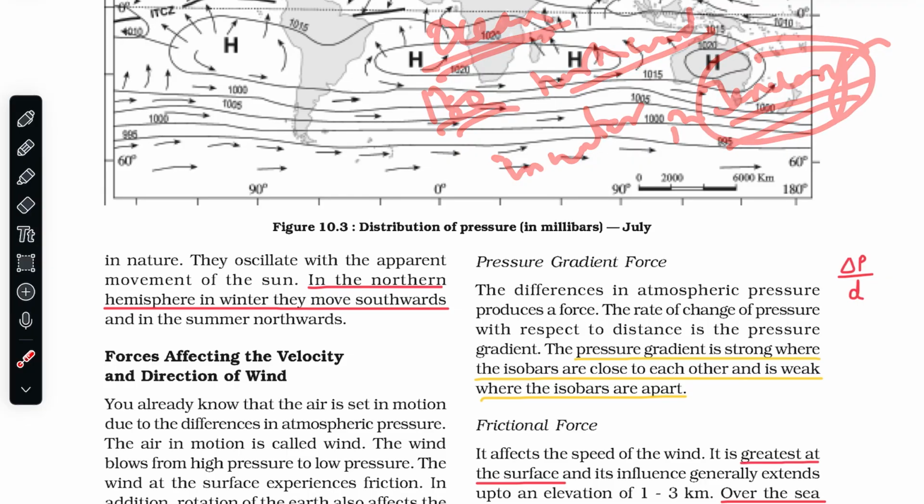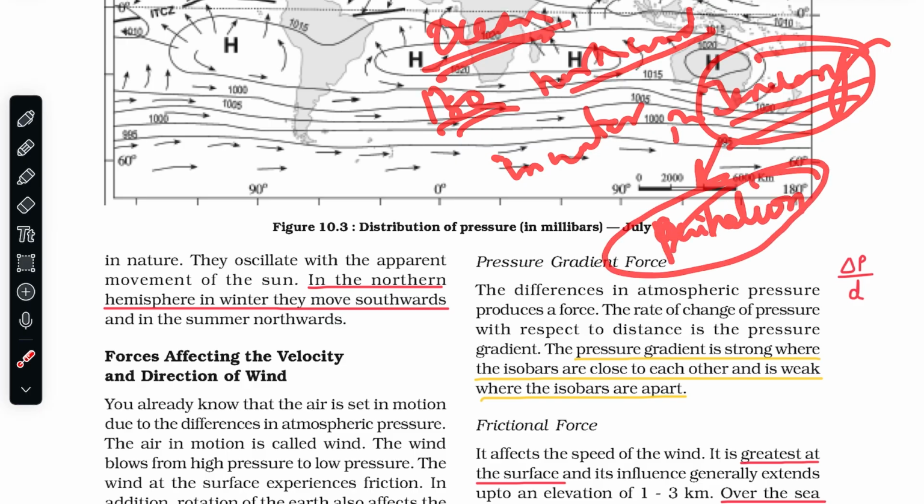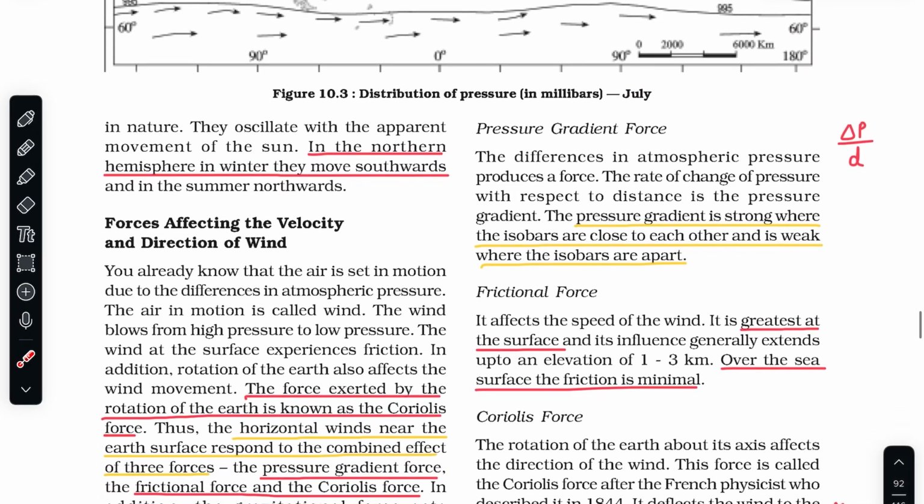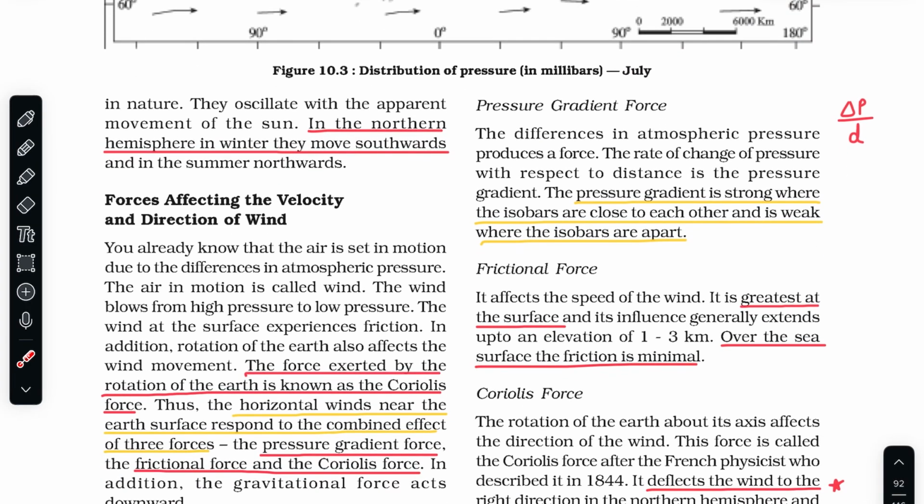January is also the perihelion position. So in the northern hemisphere in winter they move southwards, and in summer they move northwards.